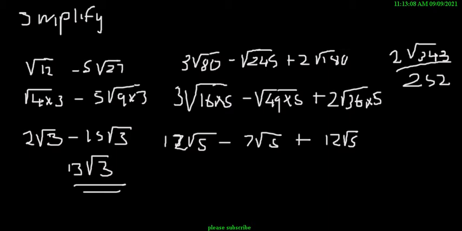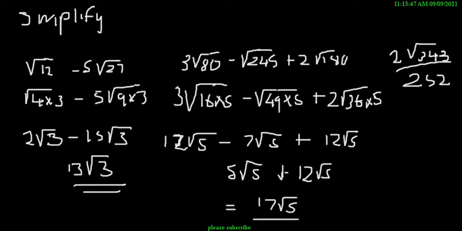And you can simply subtract 7 from 12, that's going to be 5 root of 5 plus 12 root of 5, which is equal to 17 root of 5, which is our answer.